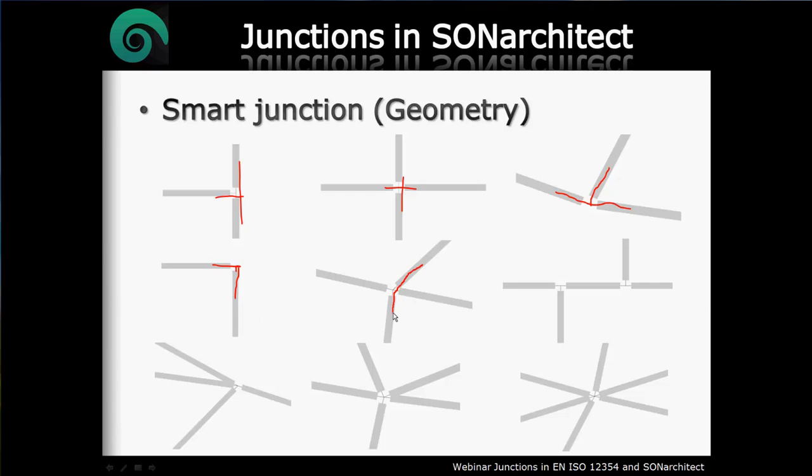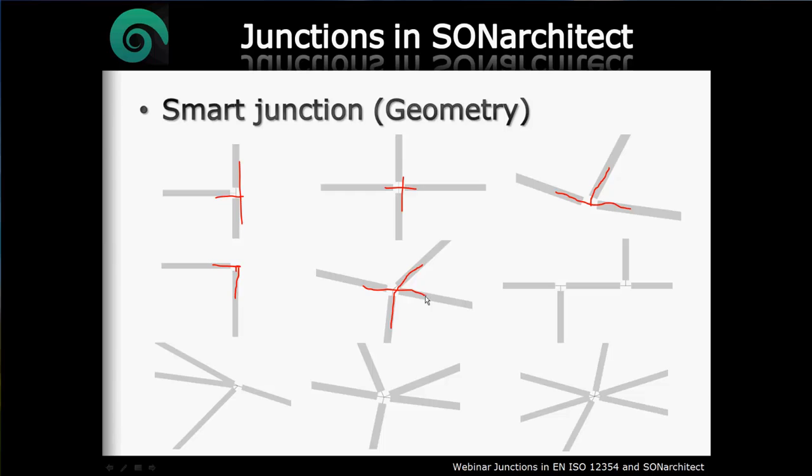But anyway, we could make an algorithm that deals with the entire building and solves all the assignments between junctions and models in just a few seconds and makes possible the calculation of the ISO 12354 in an entire building.